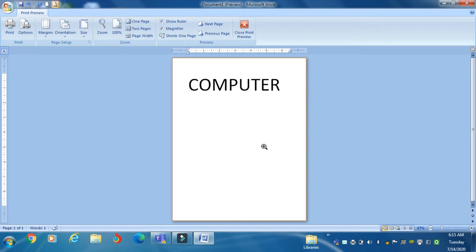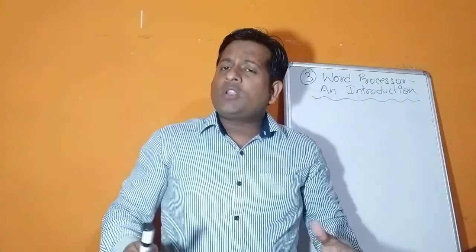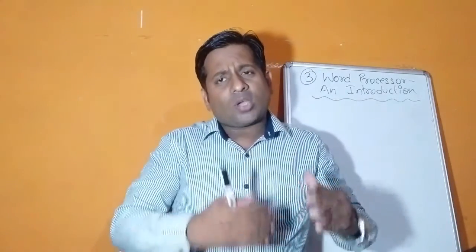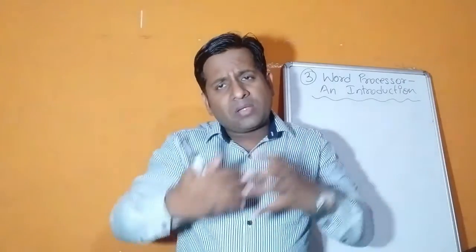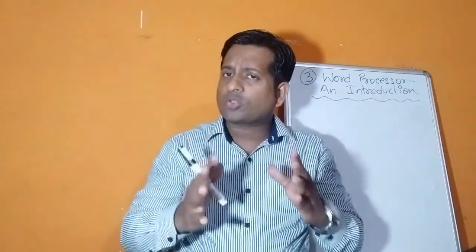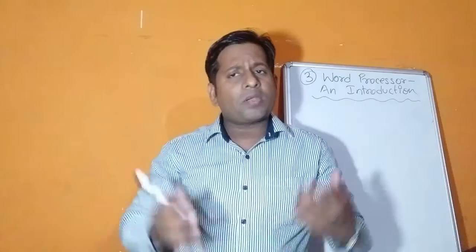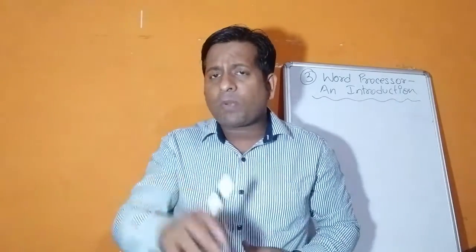So children, this is the way to take a print or print a document. Now you understood how the printing part is done in Microsoft Word, how text documents are printed out on a piece of paper.